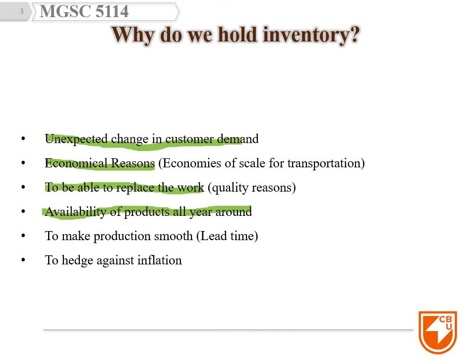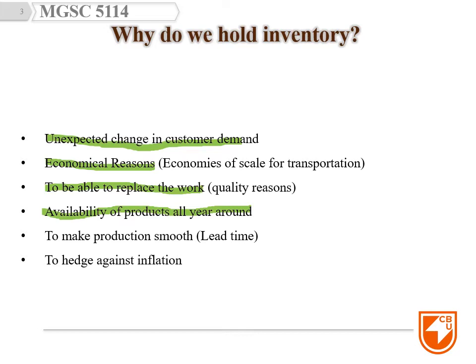So normally, supply chain managers plan to keep some level of inventory in different seasons in order to manage the demand. So that's why we normally keep extra inventory to manage the extra demand for those products in other seasons.